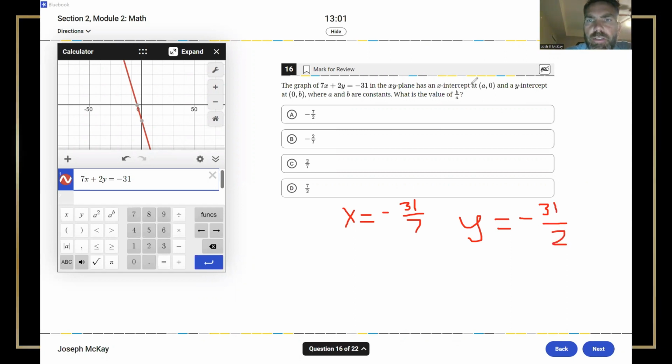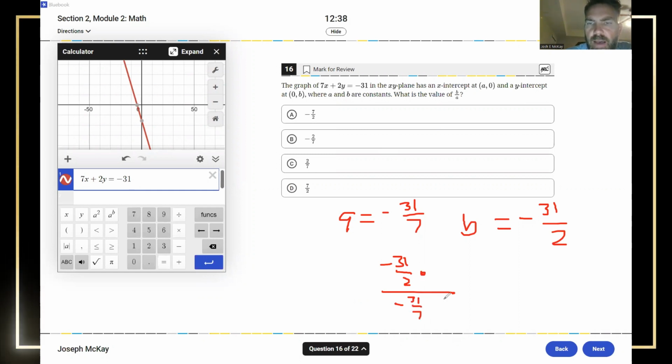All right, now this told me that the x-intercept and the y-intercept are a and b respectively. And then it asks me for what is b over a. So it's telling me I want minus 31 over 2 over minus 31 over 7. We do keep, change, flip.